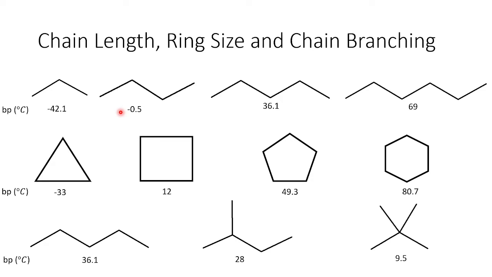Same with butane. We have butane canister that is used for butane torches and also butane stoves. So as you can see here, we have here negative 0.5, which is actually gaseous din yung ating butane in room temperature.